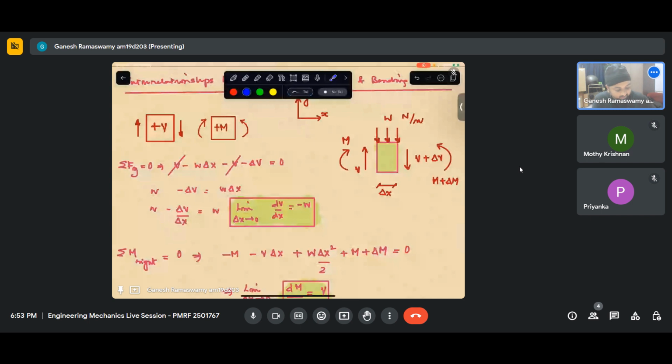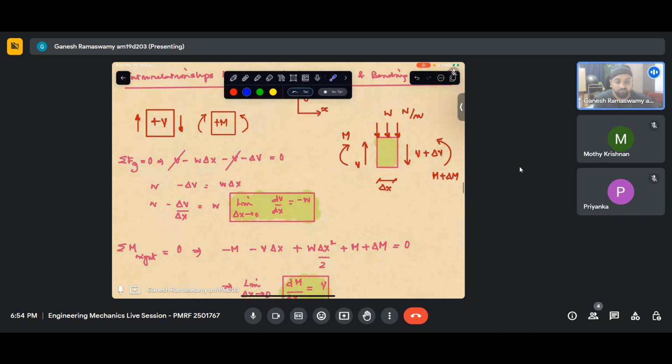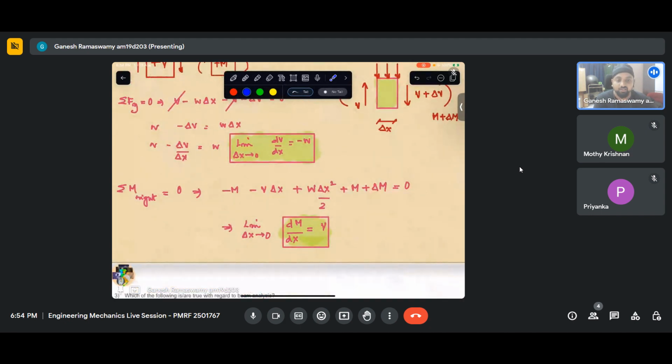We placed these positive shear forces and positive bending moments according to that sign convention and solved for equilibrium and got these relations. So these have to be read in conjunction with that sign convention, which in other words implies that these only hold for this sign convention. I hope that is clear. If there are any questions, please feel free to ask midway. Otherwise, I'll proceed.